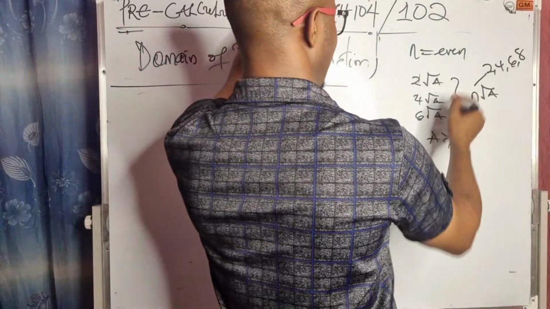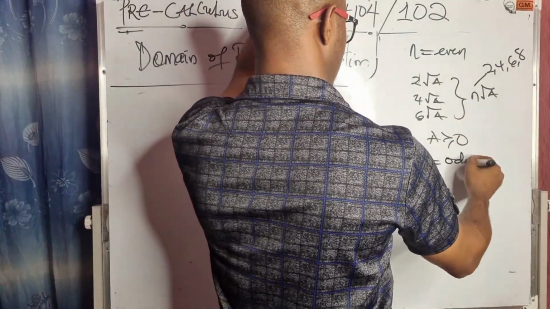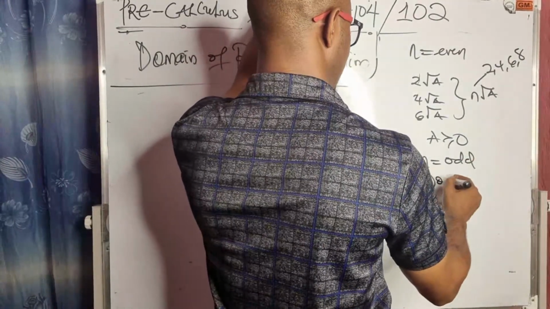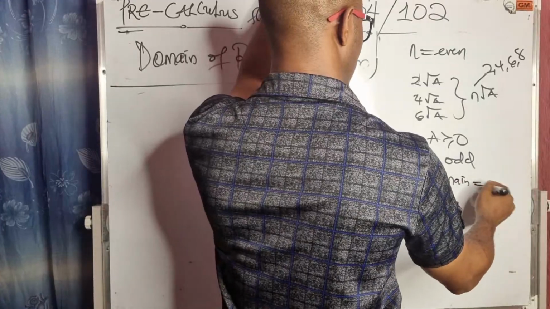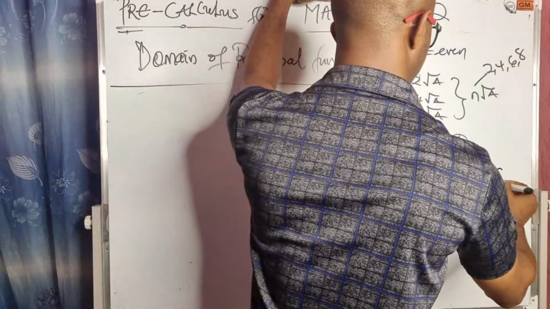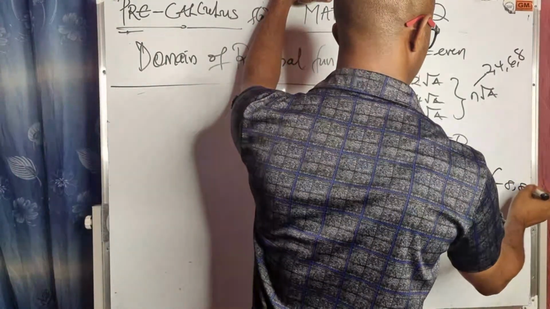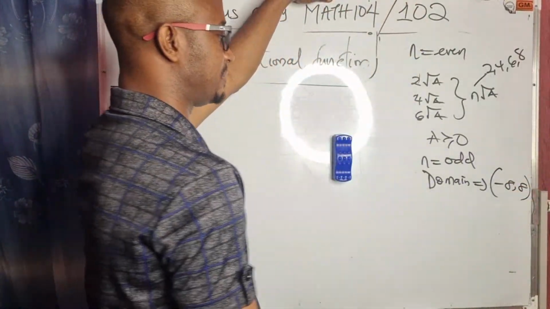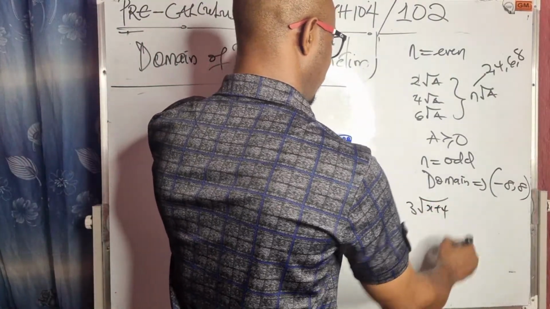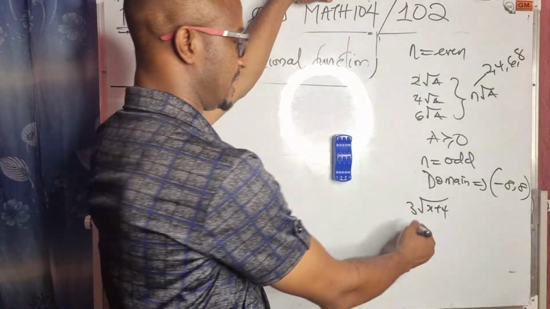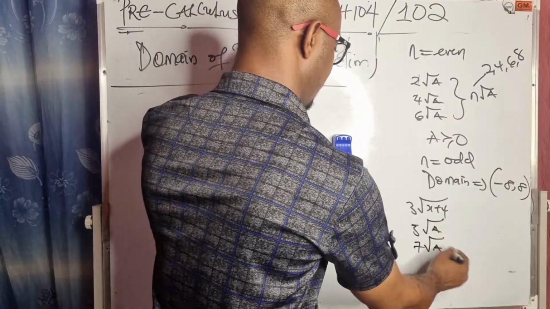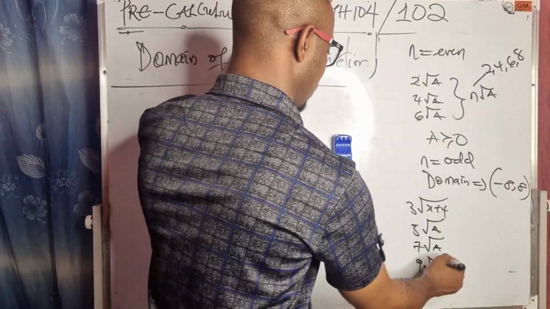But if my n is odd, it simply means our domain includes all real numbers, which are minus infinity to positive infinity. A good example, if I have the third root of, let's say, x plus 4, or the fifth root of a, seventh root of a, ninth root of a.